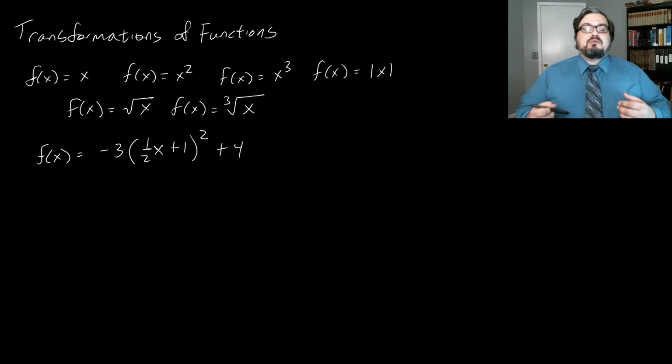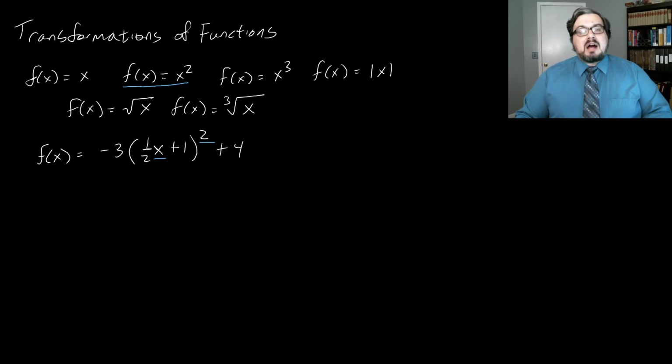We can recognize this complicated function as a transformation of one of our basic 6 functions. In this case, it's going to be a transformation of the function x squared, and we can recognize that by seeing that there's an x in the problem that's being raised to the power 2.